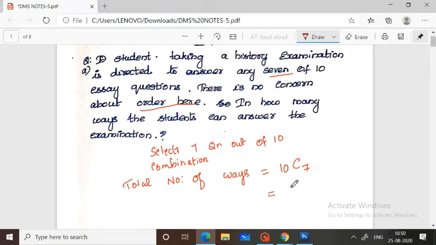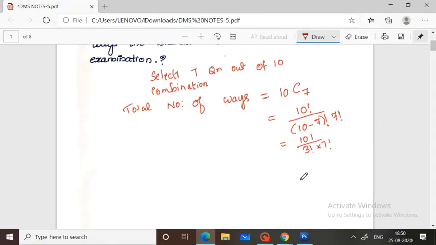This can be written, or you can calculate it on a calculator, as 10 factorial divided by (10 minus 7) factorial into 7 factorial, that is equal to 10 factorial divided by 3 factorial into 7 factorial. On calculating, you can write it like this: 10 into 9 into 8 into 7 factorial divided by 3 into 2 into 7 factorial.